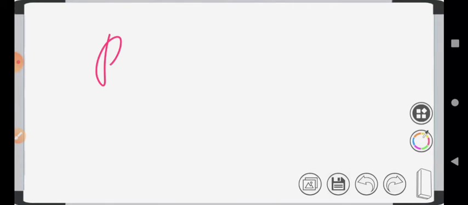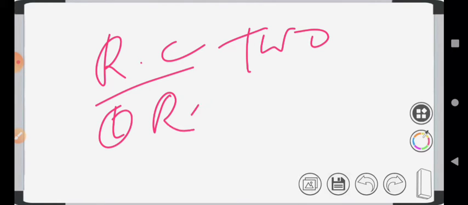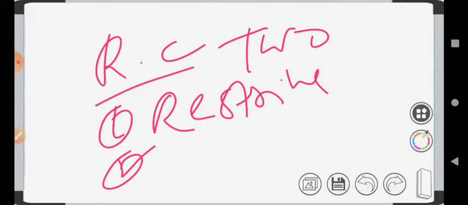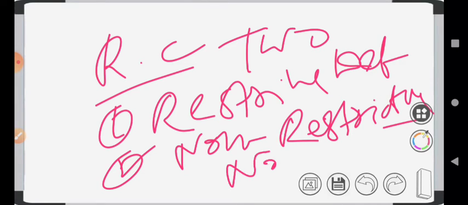Generally, the relative clauses are of two kinds, my dear students. Number one is restrictive relative clause. Number two is non-restrictive. Restrictive and non-restrictive, in a general sense, we also say defining relative clause and non-defining relative clause.